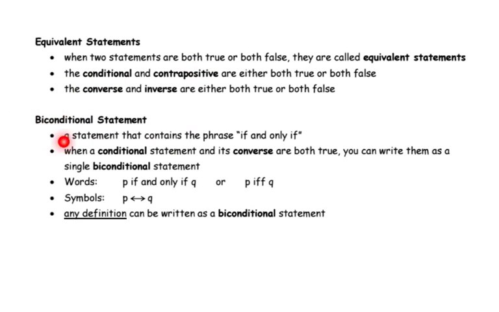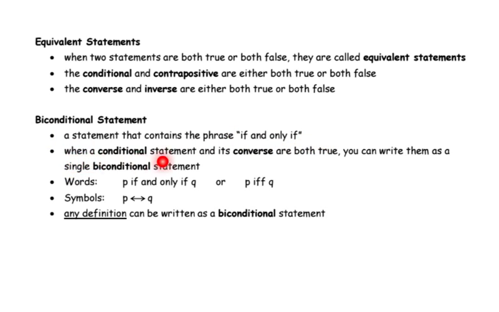A biconditional statement is when we have if and only if. It's a little different from your conditional statements. Remember, conditional statements are if and then. So a biconditional statement states if and only if.